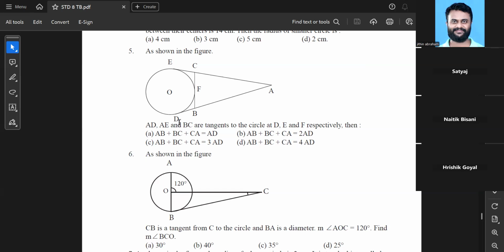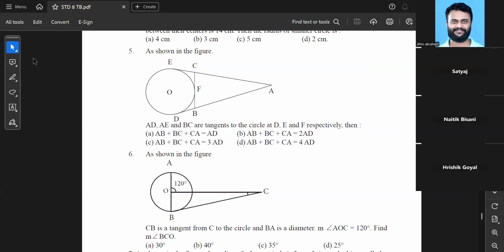So logically, it should be the answer, 2 times, because correct, 2 times it will be.